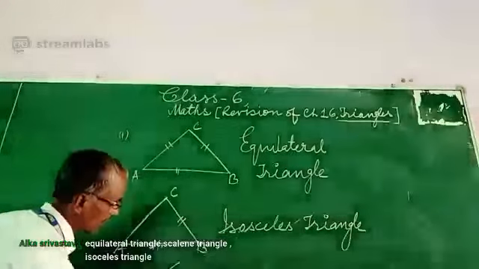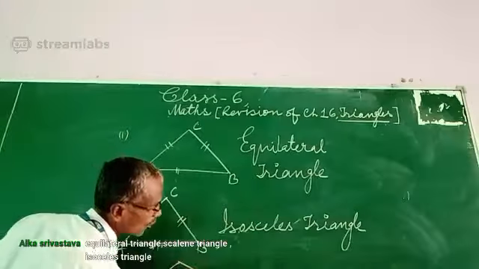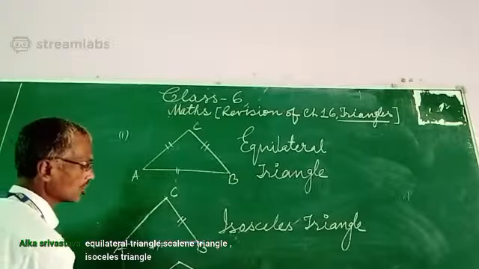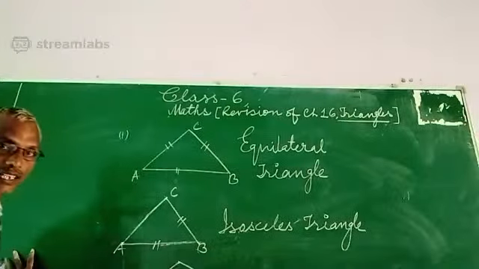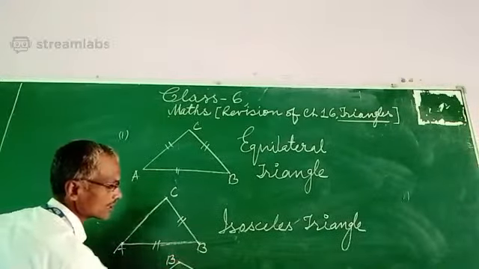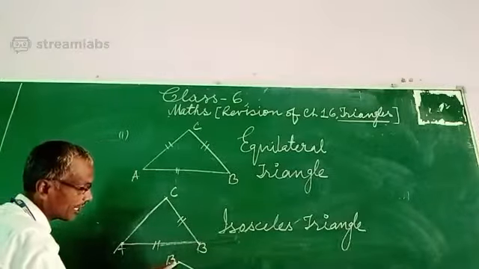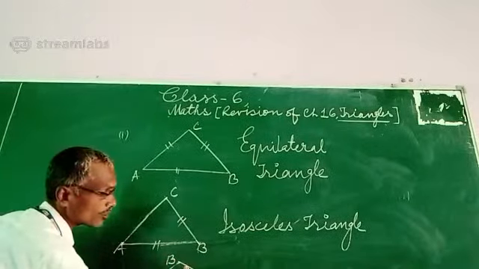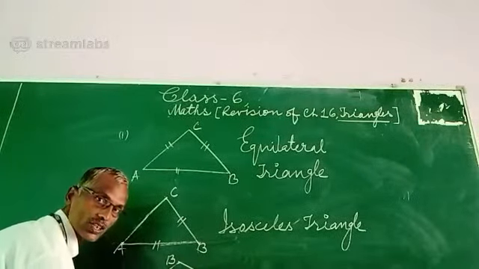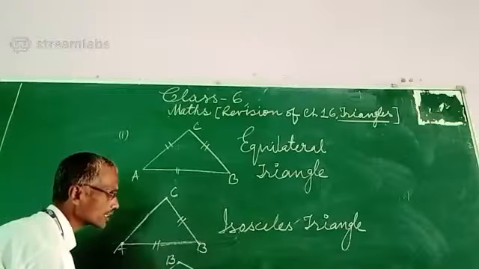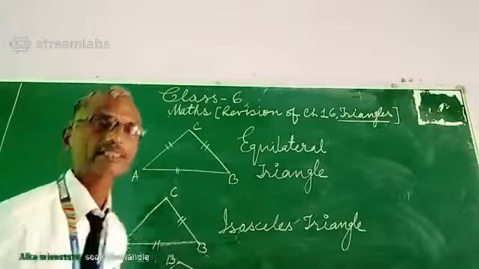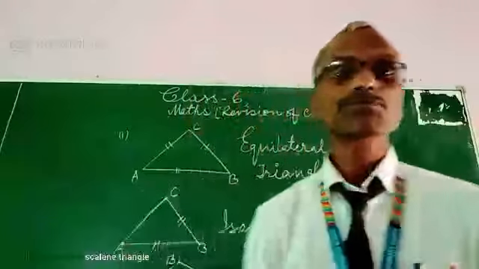And similarly, a triangle whose sides all have different lengths, if the length of AB is not equal to the length of BC and the length of BC is not equal to the length of AC, then what is the name of this triangle?